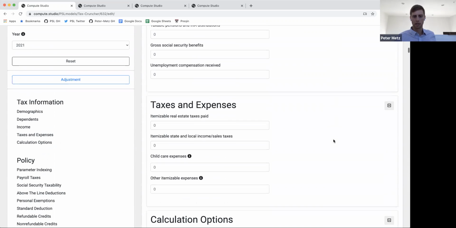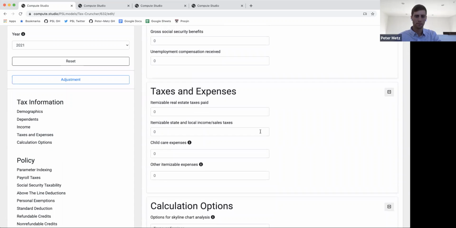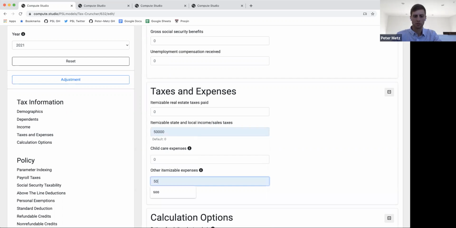All right, so our next section is taxes and expenses. These are different types of expenses that somebody can claim. Our taxpayer had $50,000 in state and local income taxes, and also $50,000 in charitable contributions.